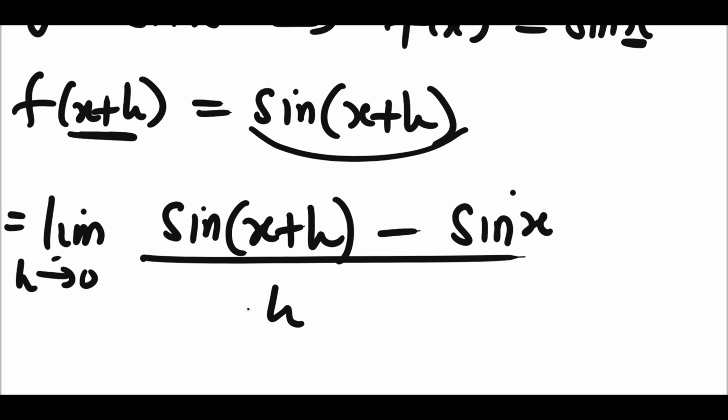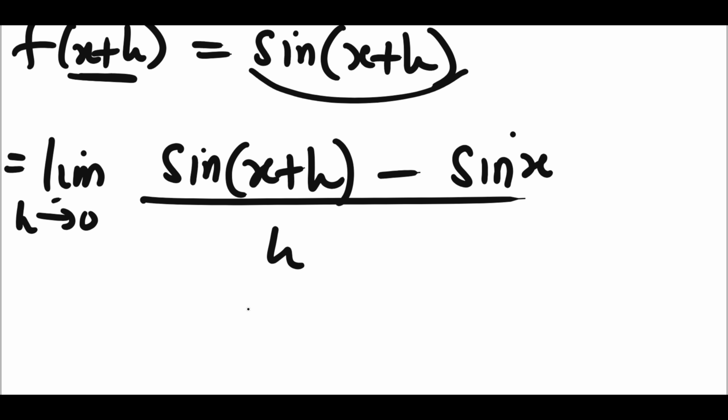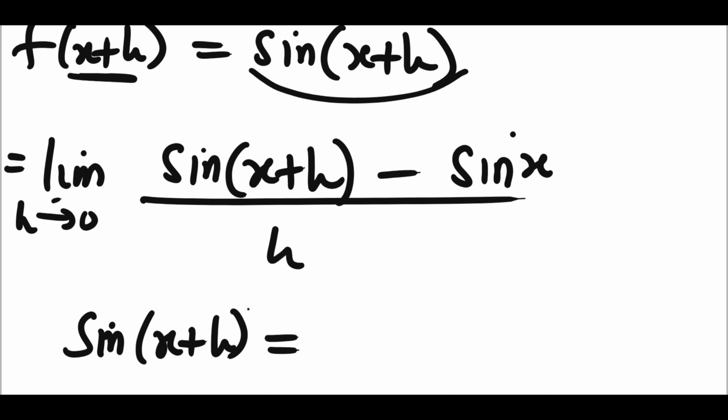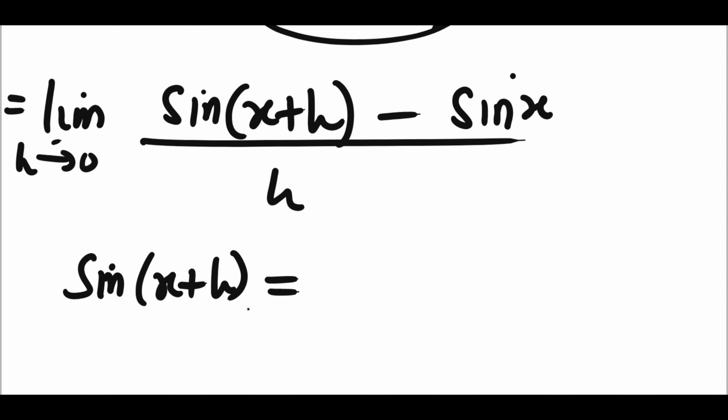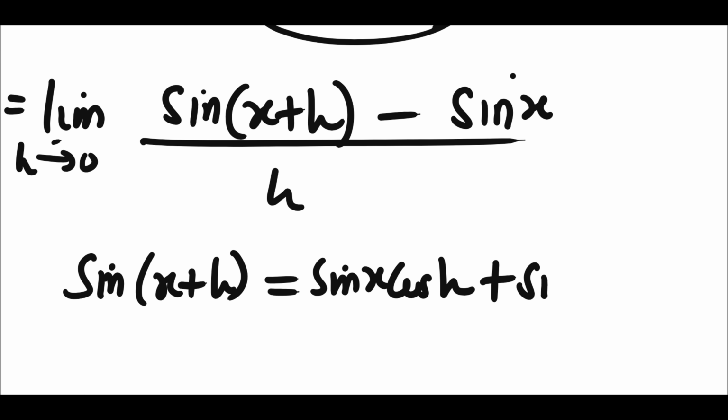All right. Now looking at the numerator, we have a compound angle over here. Our compound angle is sine of x plus h. So let us expand this. We know that the identity for sine of x plus h is sine x cos h plus sine h cos x.